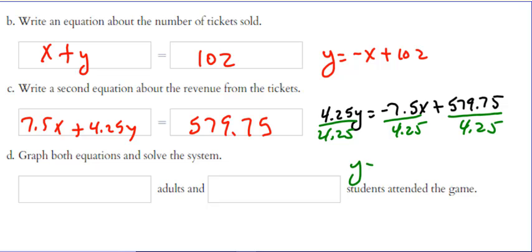That leaves me y equals negative 7.5 over 4.25 x plus 579.75 over 4.25.